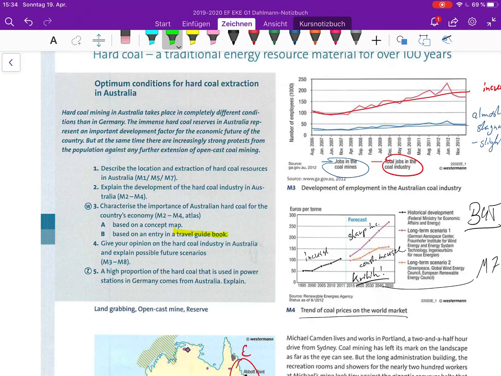And 5. A high proportion of the hard coal that is used in power stations in Germany comes from Australia. Explain. We've talked about this fairly much. We don't want to destroy our environment, so we pay other people to do it. We have much more expensive coal here in Germany because it's very deep underground, and we need to build difficult tunnels.